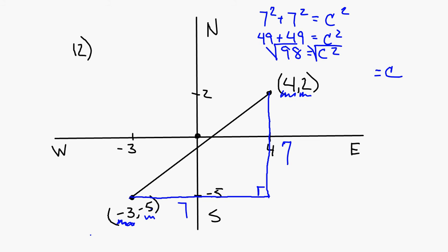Can somebody hit that in the calculator, please? 9.89 to the nearest tenth. So push second, fix 1. 9.9. Very good. 9.9 is that distance. Any questions? Isn't this awesome?